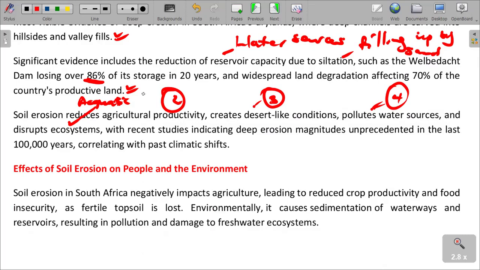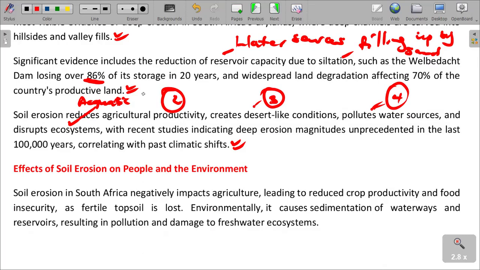And then recent studies indicate deep erosion magnitudes unprecedented in the last 100,000 years, correlating with past climatic shifts. The previous climatic shift also contributed to that.